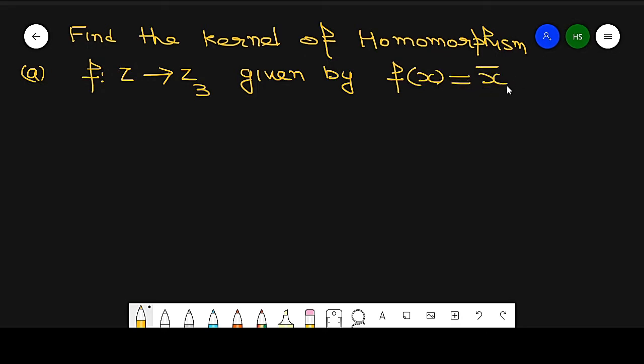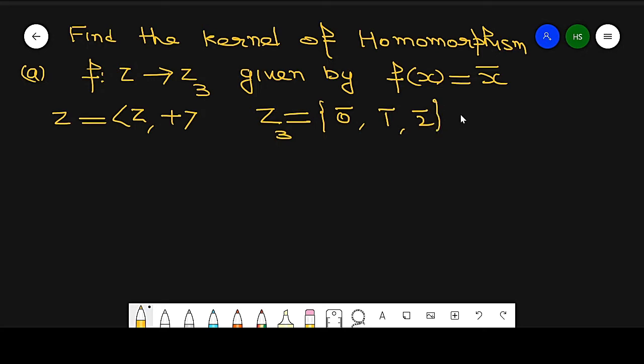So how will we find the kernel of this function? First check what Z is. Z is the additive group of integers. What is Z3? It consists of the remainders 0 bar, 1 bar and 2 bar, the modulo 3 elements. When any integer is divided by 3, the remainders are only 0, 1 and 2.